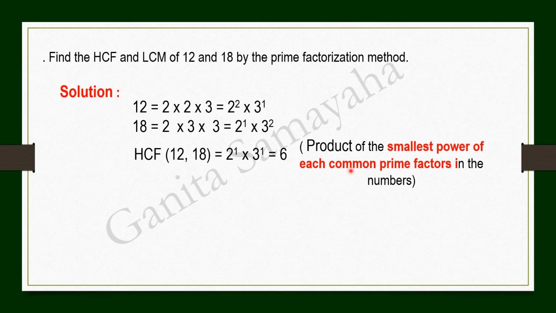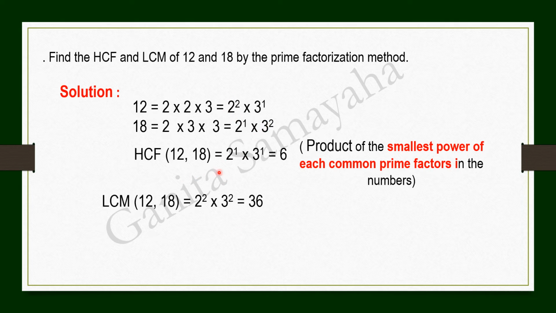For HCF, we take the smallest power of each common prime factor. Only the common ones we take, and then we try to find the least power. Okay. What do we do for LCM? Let us check. LCM is equal to what? We have to take the highest power here. Between 2 to the power 2 and 2 to the power 1, which is highest? 2 squared into 3 squared.